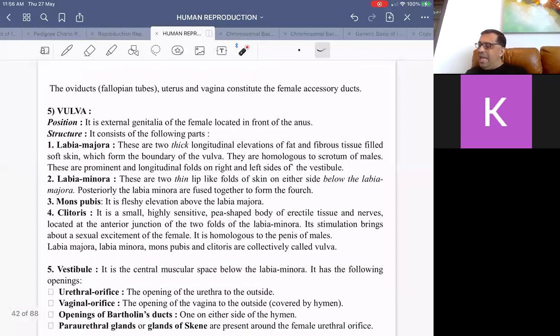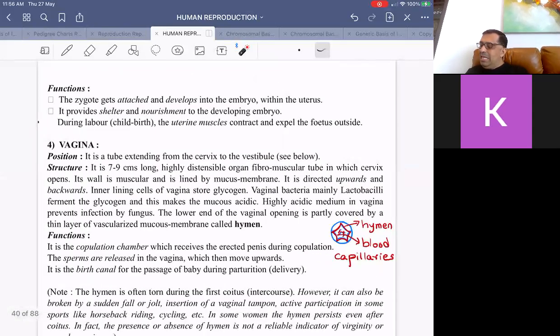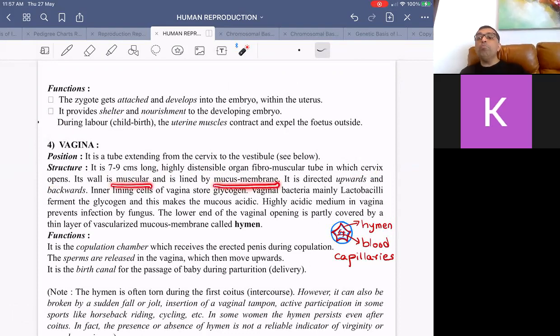The vagina is 7 to 9 centimeters long, highly distensible, very muscular. It can stretch a lot. And cervix opens in the vagina. The wall is muscular and lined by mucous membrane.